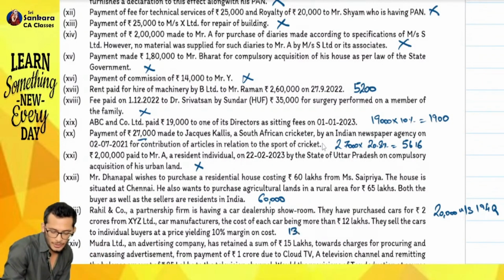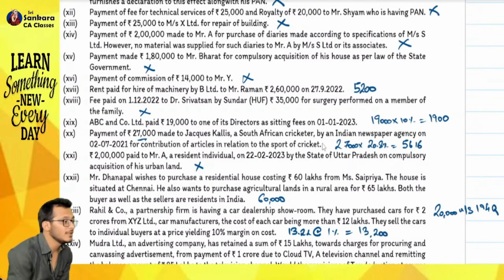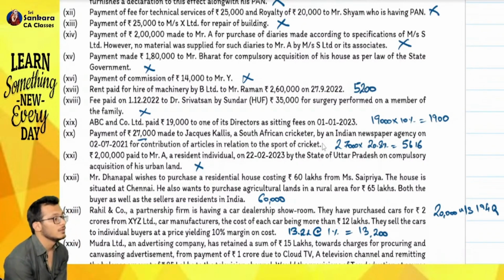Therefore, 13.2 lakhs at the rate of 1%. Number is 13,200, which will be the TCS collected by the dealer from the customer.